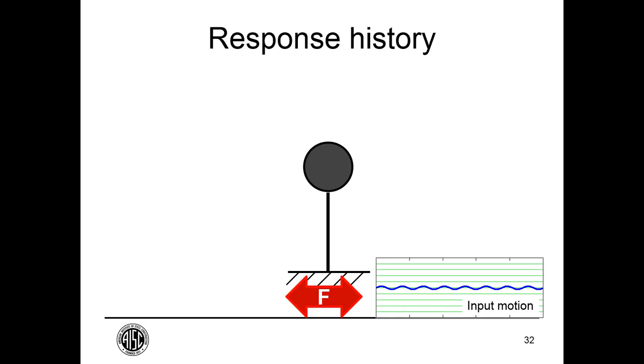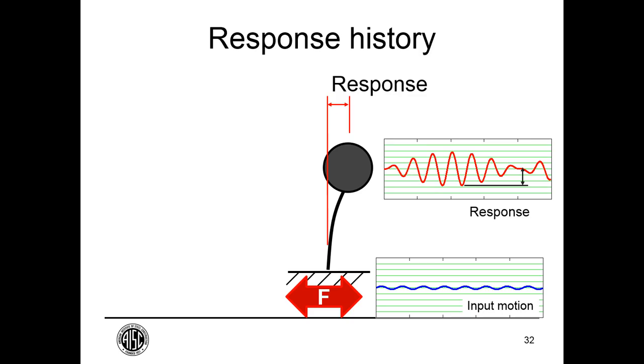The ground moves under our building, and we'll idealize our building as a single degree of freedom element, a mass on some sort of cantilever. And we'll have some response of interest. Drift is usually a response of interest, and perhaps shear and moment, and overturning moment in our lateral system would be responses of interest.